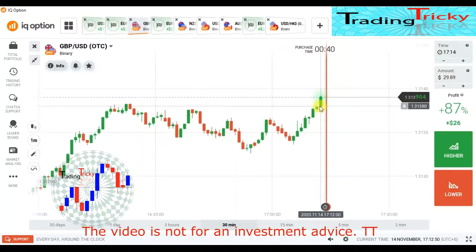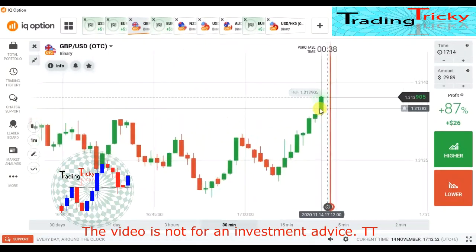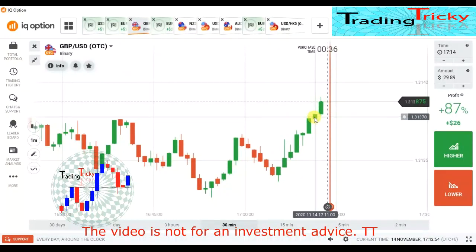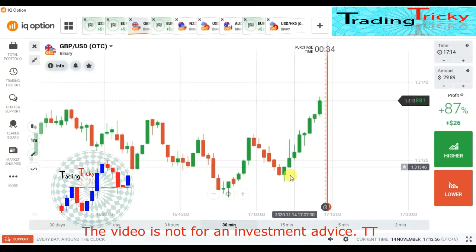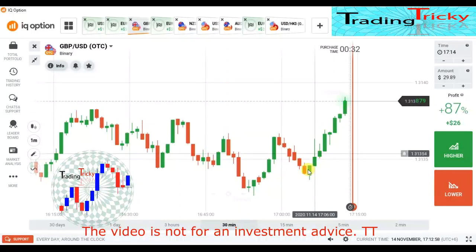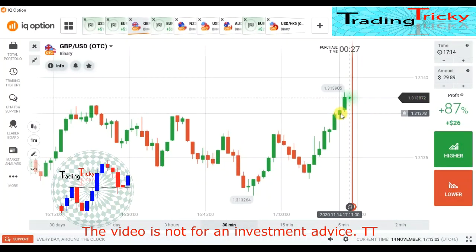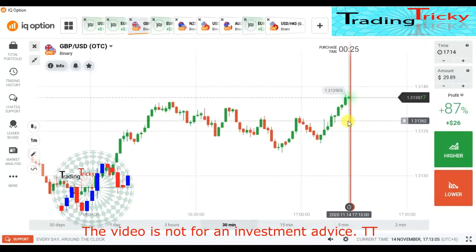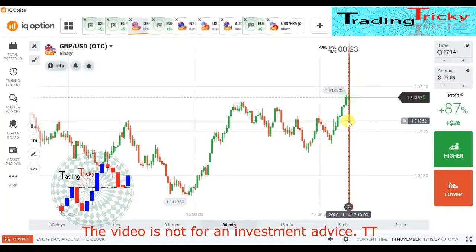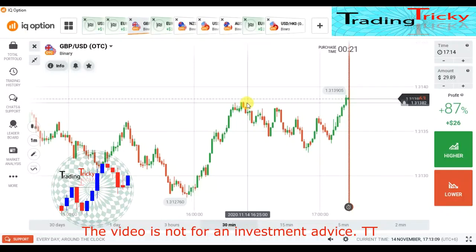Okay, what happened here? See, this is confused. And when you see any strong momentum, at that time you should think that you should not place a reverse trade when the market reaches these levels.